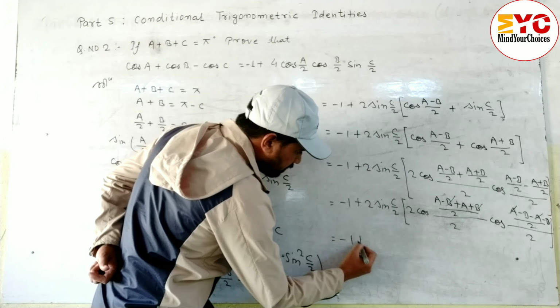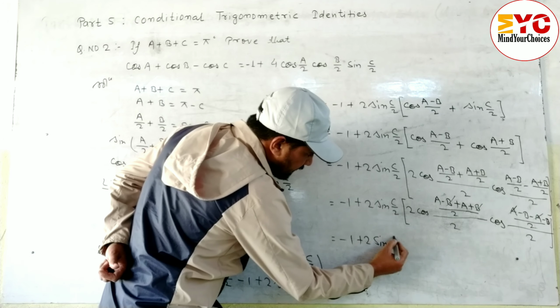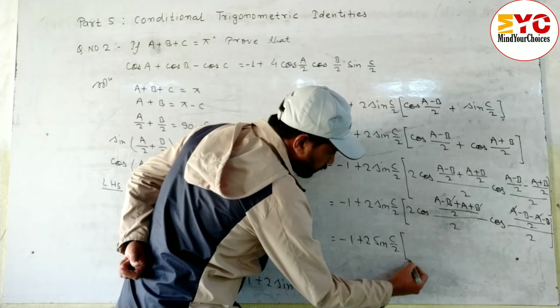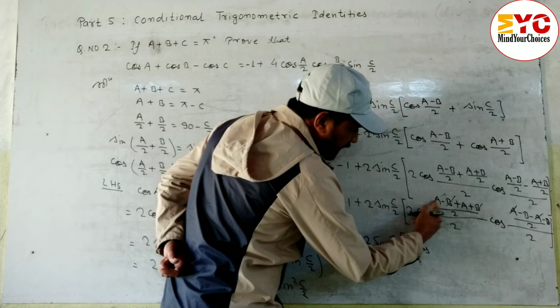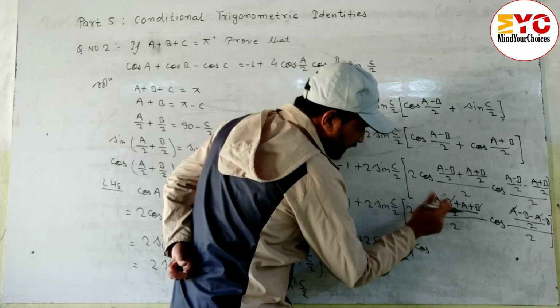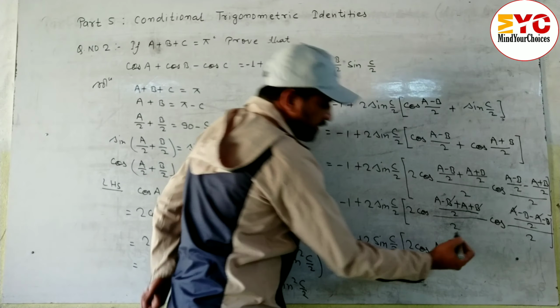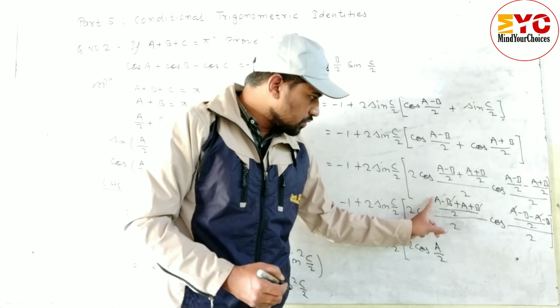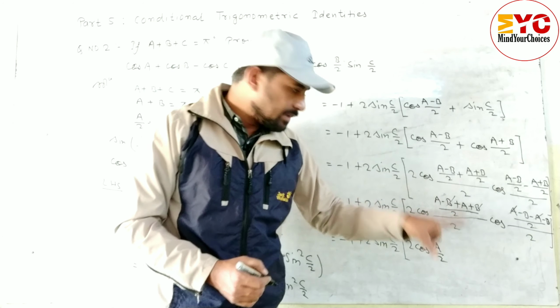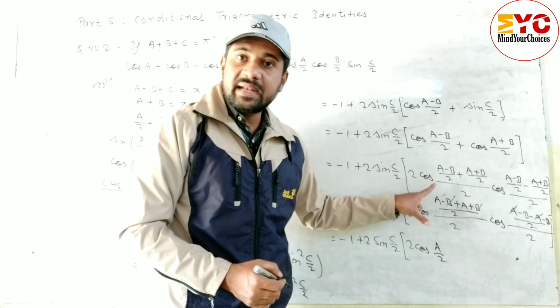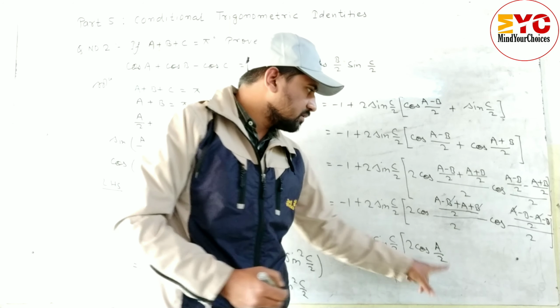So minus 1 plus 2 sine C by 2, 2 cos A plus A, 2A, 2A and 2 cancel, so remaining A by 2. I wrote it here directly. When you add A plus A, 2A by 2, then 2 cancel, remaining A, so A by 2 here. Okay.